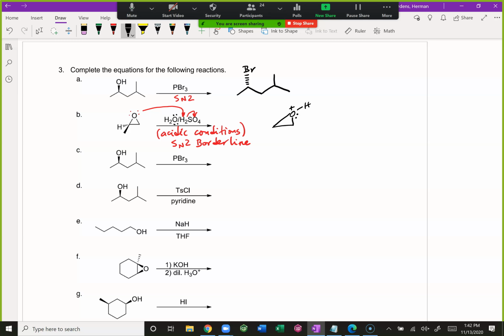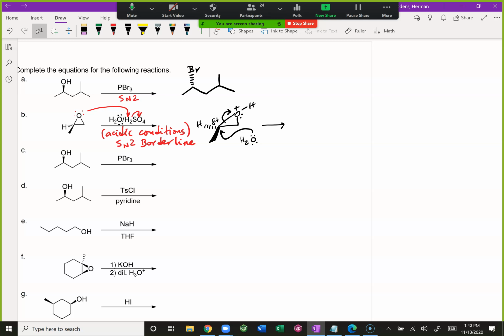So this wants to break because this carbon now is partially plus. Methyl group and an H going that way. And now the water nucleophile goes and attacks here. No, not there. Attacks right there. And then opens up the bond that is breaking.